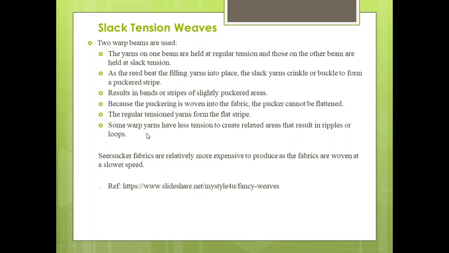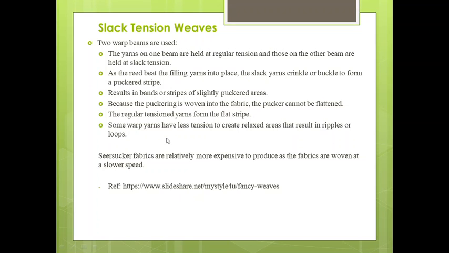However, if some warp yarns are given slack tension, then rather than creating a relaxed area, because the yarn may be experiencing much lesser tension, it may result in ripples or loops.